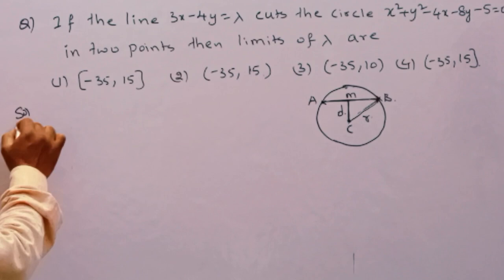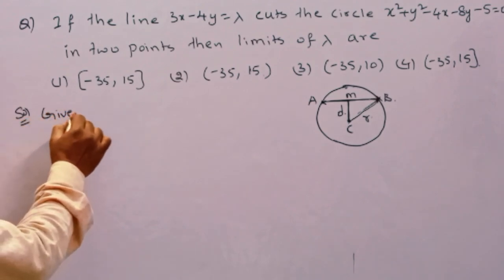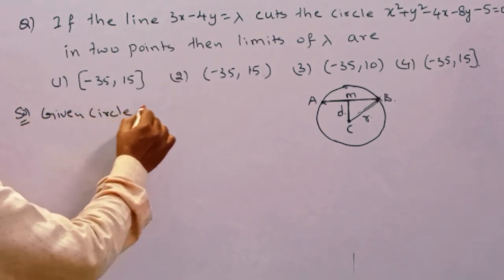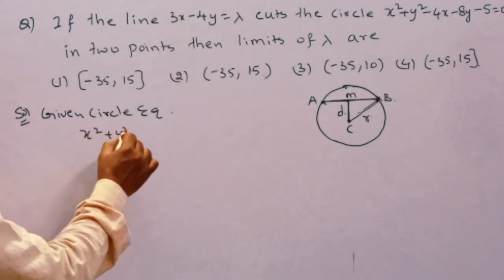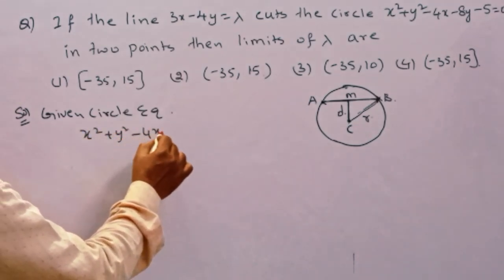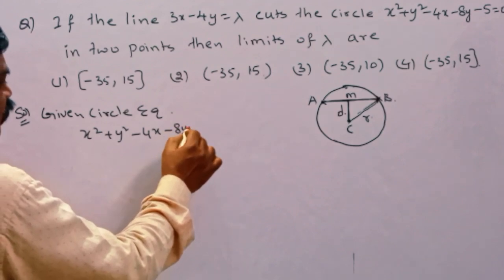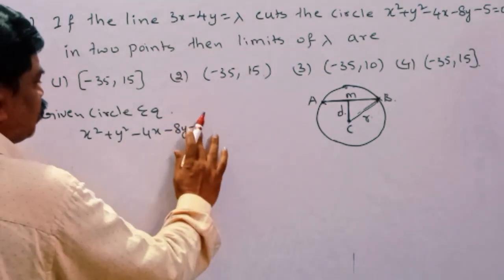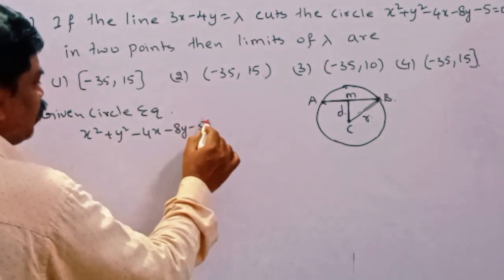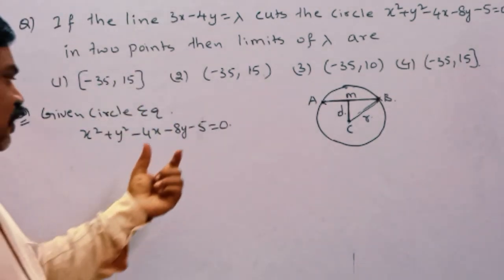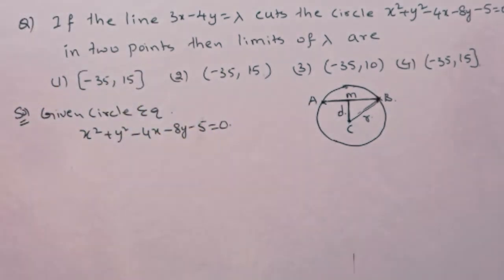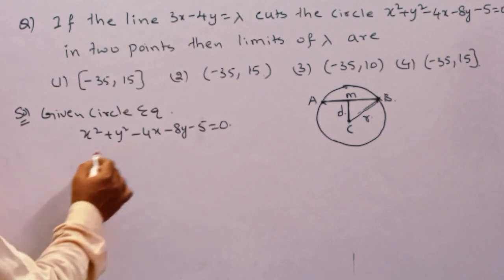So, this is the given circle equation, that is x square plus y square minus 4x minus 8y minus 5 equal to 0. Then what is the center of the circle?